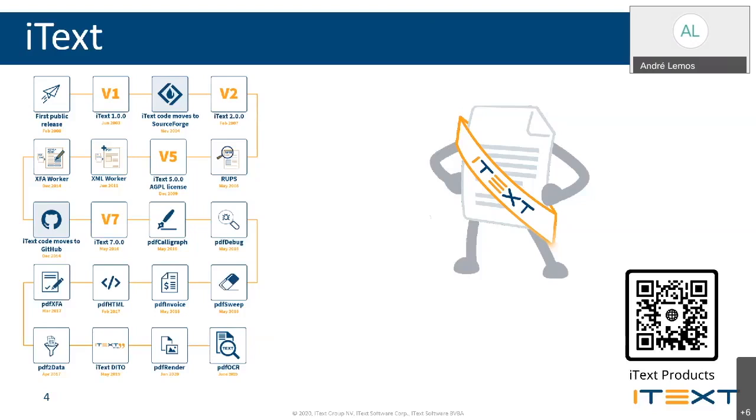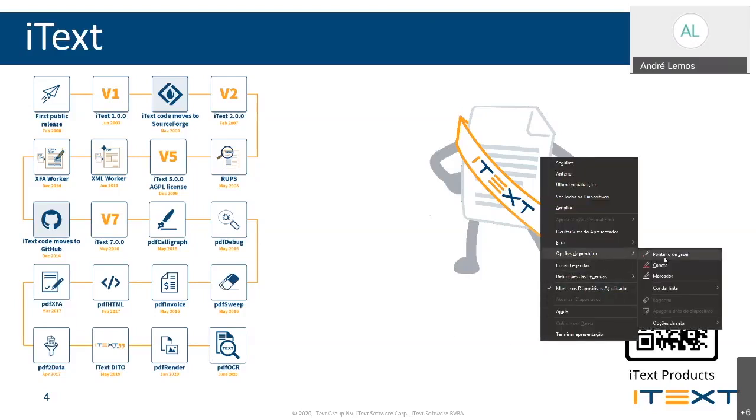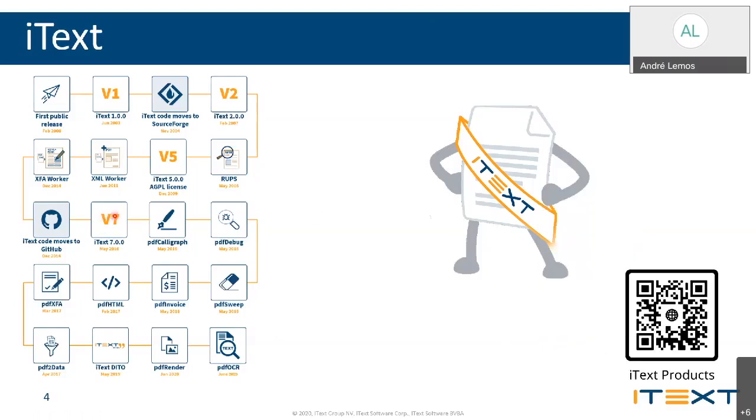The iText 7 SDK includes iText 7 core that allows you to pretty much do anything. Let me put a pointer here. iText 7 core, you can do pretty much anything PDF related, and we are going to use iText 7 during this presentation for a little bit of PDF manipulation.